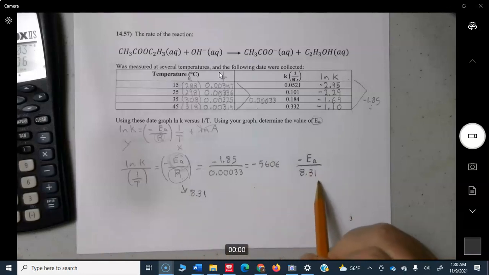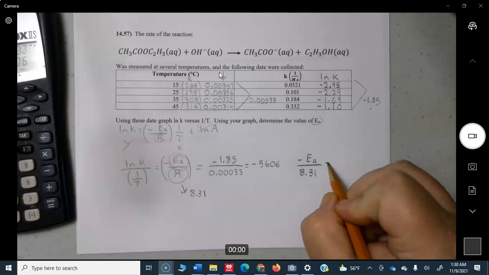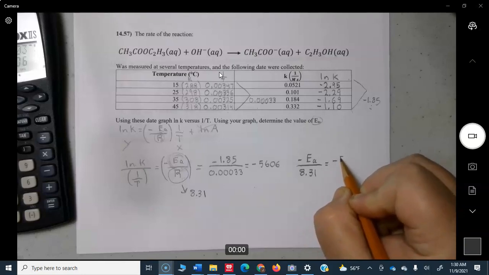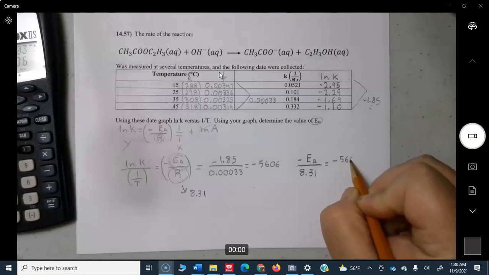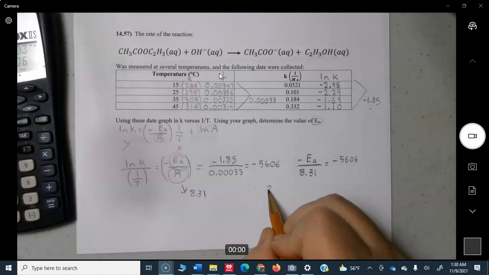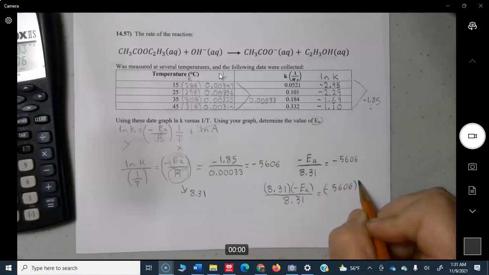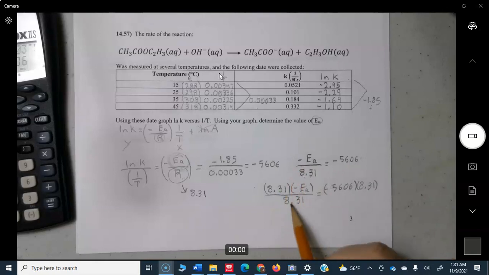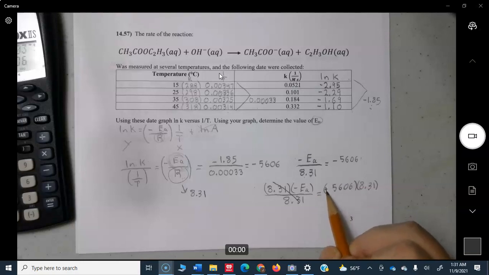This one is joules over moles Kelvin. It equals this. So what we're going to do is multiply top and bottom. All I did was multiply both sides by 8.31, so these cancel. And the negative signs you can turn into a positive sign here. They're both going to cancel out.